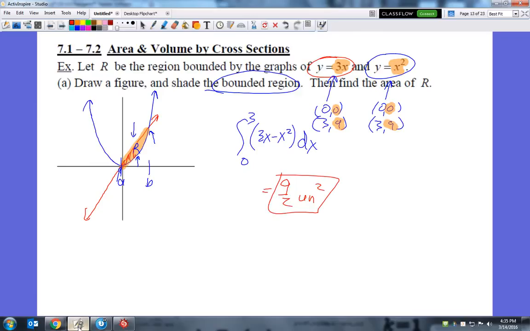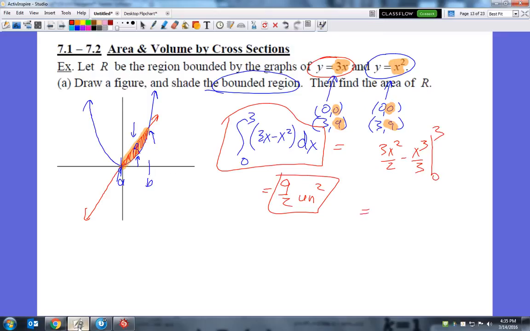Okay, so here are those vertical slices. This is a review-ish type of problem, but that's what you would get. Chances are, well, most likely you would do this by hand. I would need you to show this work. I would need you to show 3x squared over 2 minus x cubed over 3, from 0 to 3. I need you to show this work that I just did.